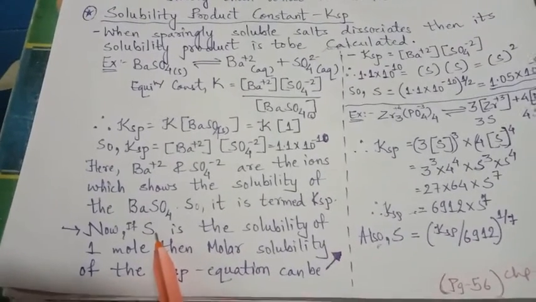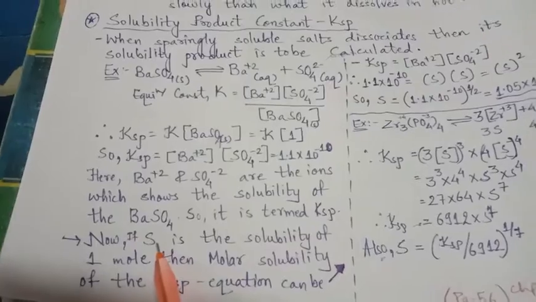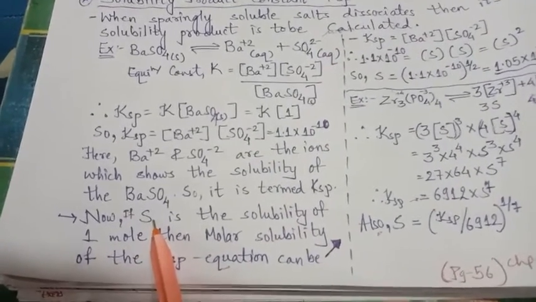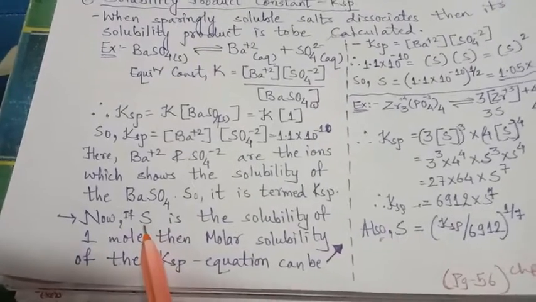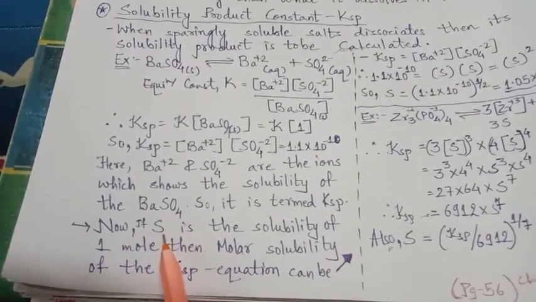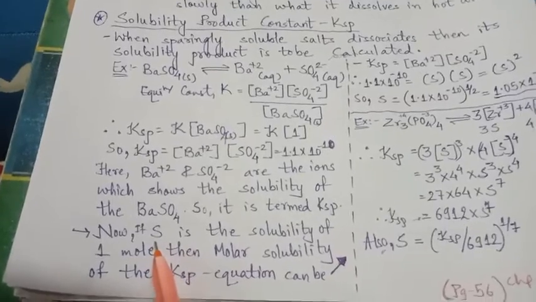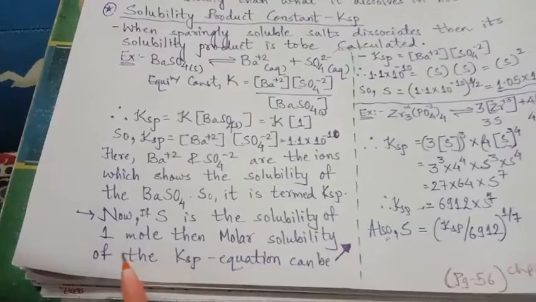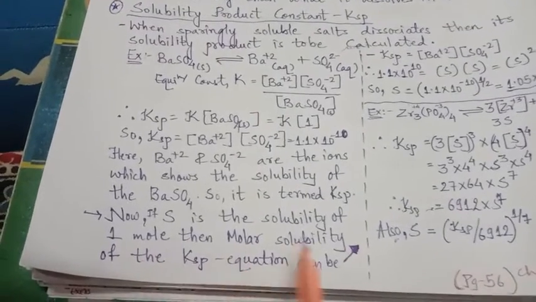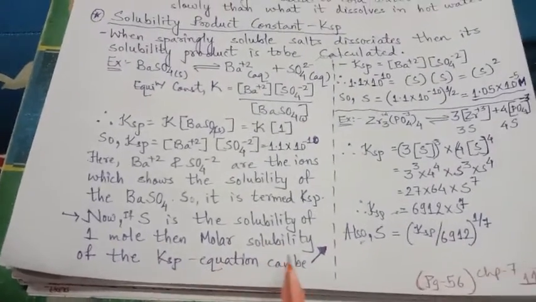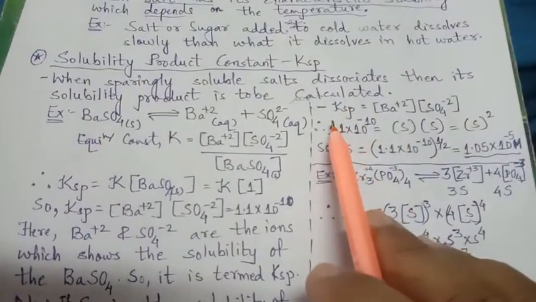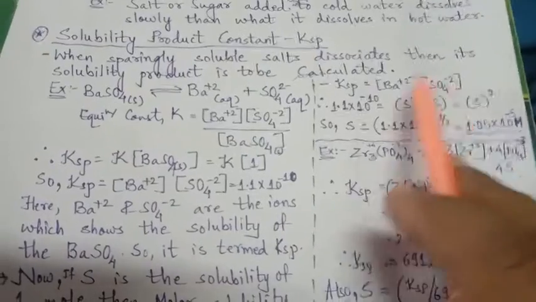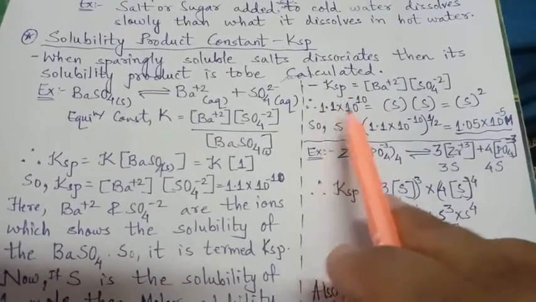The very first is that it represents the halogen group, and for all unknown variables we mostly take X. So for our convenience, even in our textbook and widely everywhere, solubility concentration is taken as S. So if S is the molar solubility, then the Ksp equation can be written as Ksp equals [Ba2+][SO4 2-], where the calculated Ksp is 1.1 into 10 raised to minus 10.